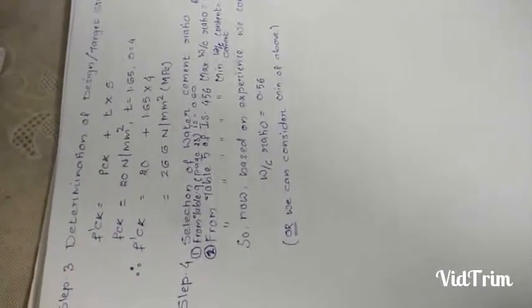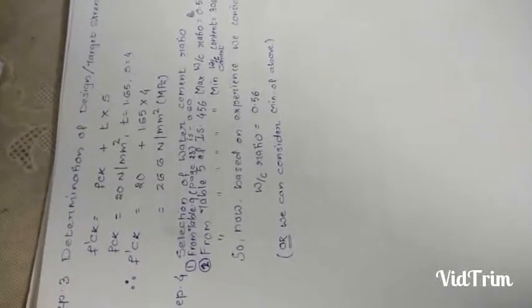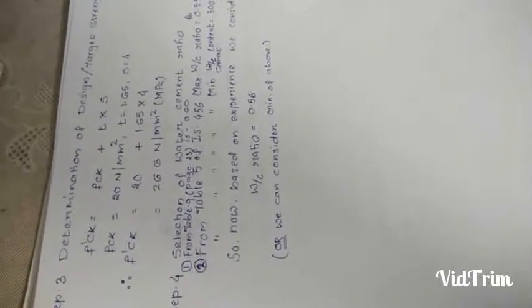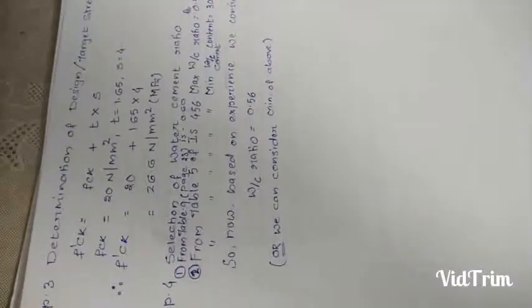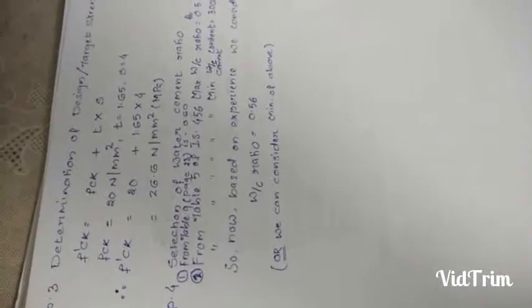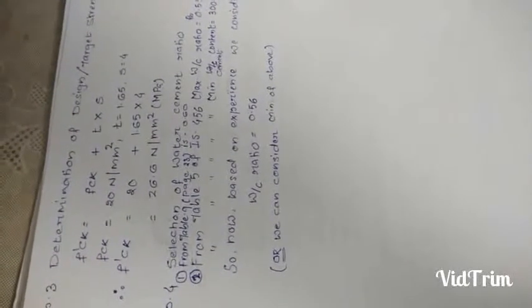Now step 4 is selection of water cement ratio, right? We consider 2-3 values for that. From Table 9, page number 23, we get 0.60 water cement ratio.